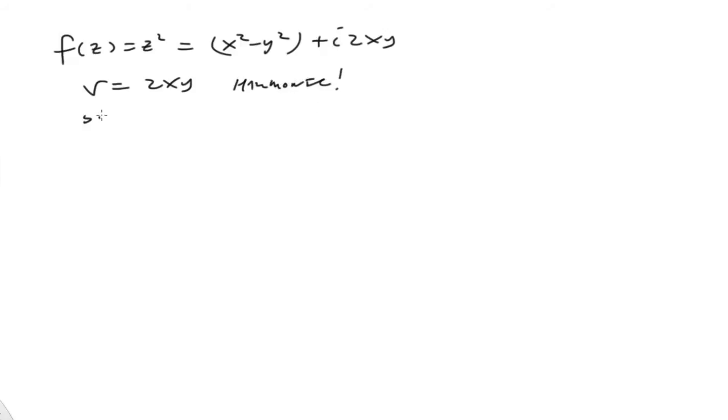But so is, and I'll call this v tilde, 6xy. I just multiply by a constant number. Also harmonic. I've done nothing to it in terms of any substantive change that should affect its harmonic properties.